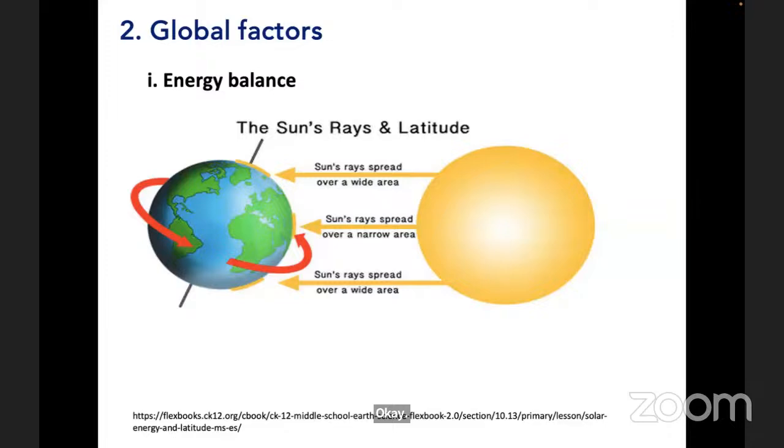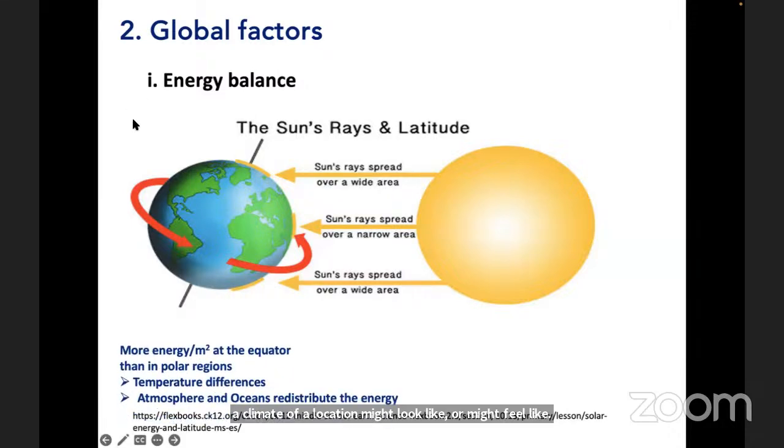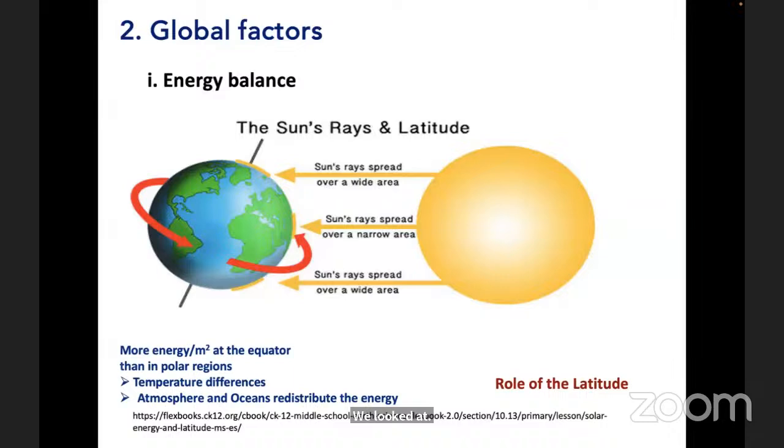we say there are both global and local factors that determine what a climate of a location might look like or might feel like. And the global factors, we looked at the energy balance. So the energy coming to the surface at the equator is different from that at the poles and in between.